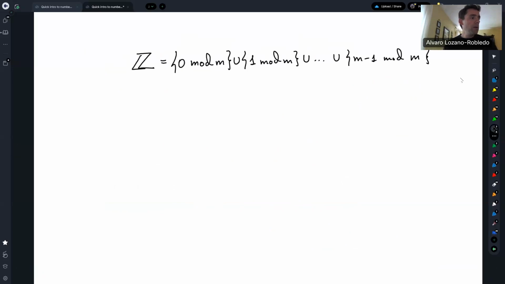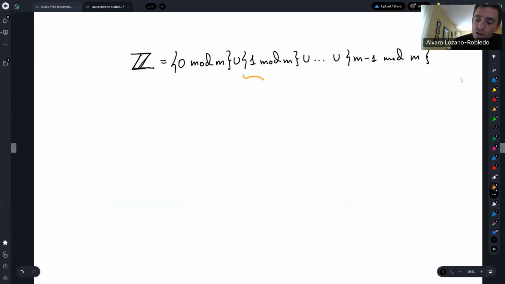And so what we are going to do is create a number system based on this, such that the elements of my number system are these sets of congruence classes. Each one of these is called a congruence class.